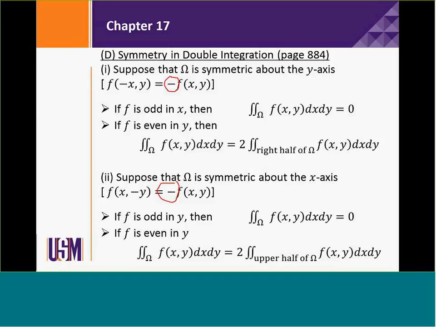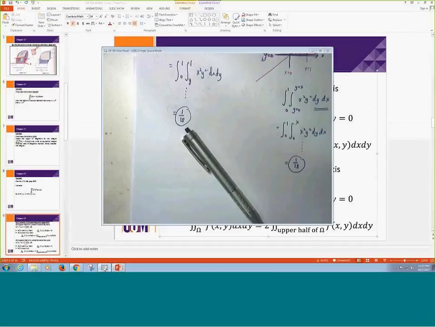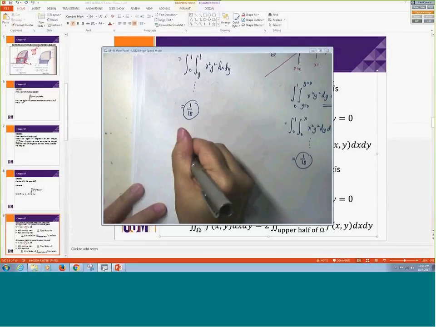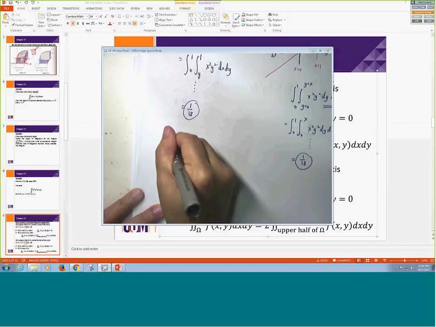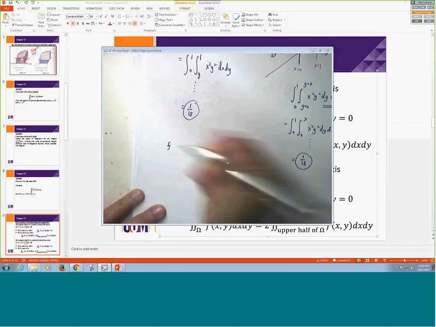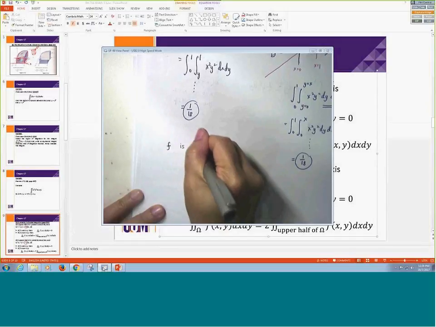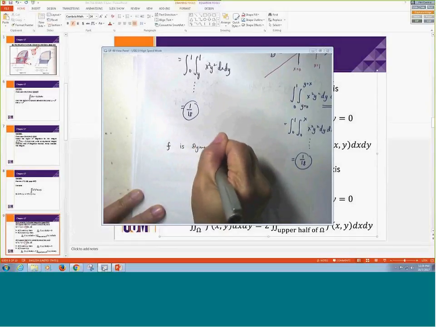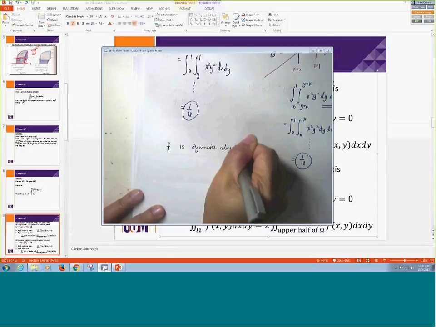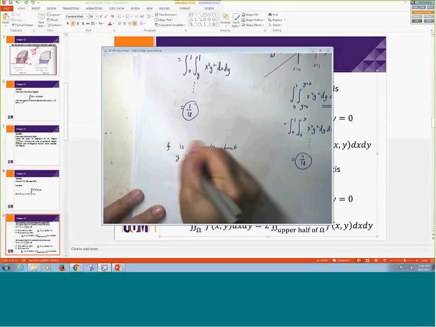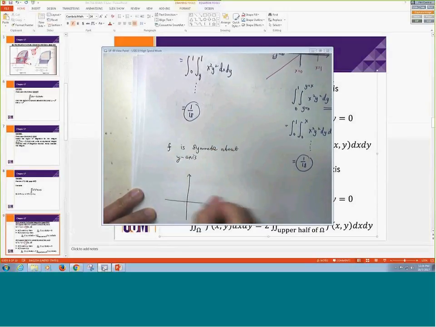So maybe I would just quickly explain this. Let's say the function f is symmetric about the y-axis.